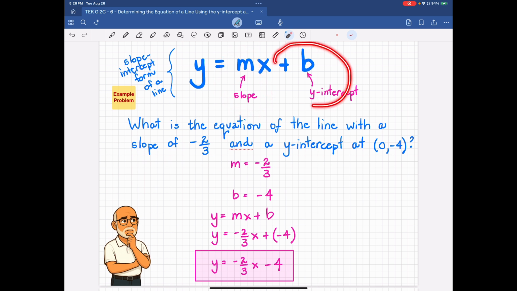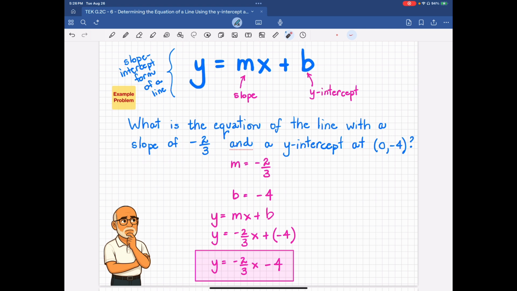And the number left over is going to be our y-intercept, hence the slope-intercept form of a line. With that, let's take this knowledge and move on to a very simple problem.